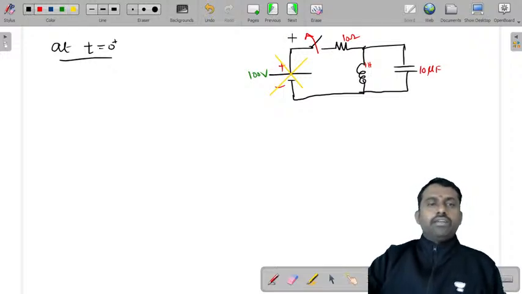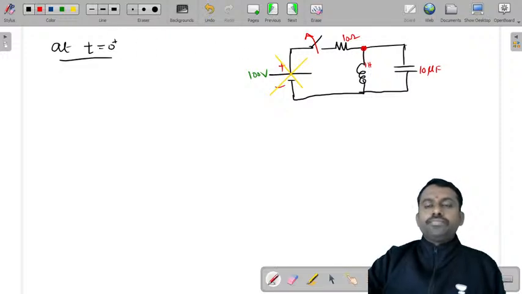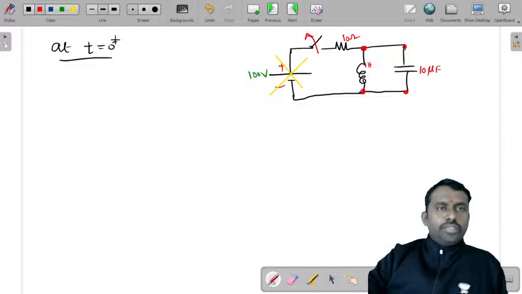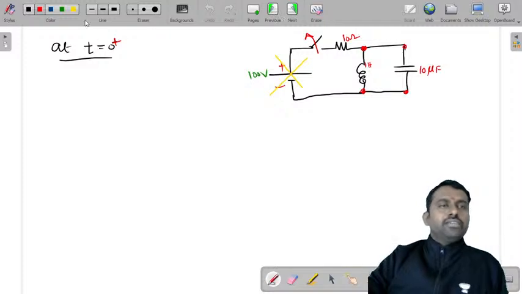And inductor and capacitor are already charged, right? So this will be at t equals 0 plus. Inductor does not allow sudden change of current and capacitor does not allow sudden change of voltage. So the value of VC of 0 plus is 0 volts.